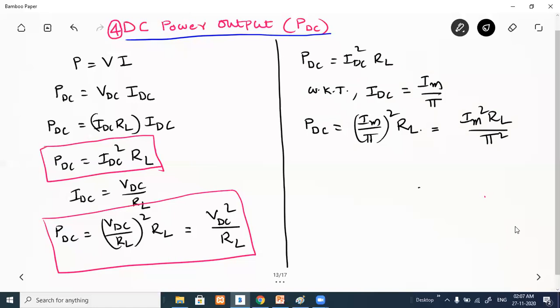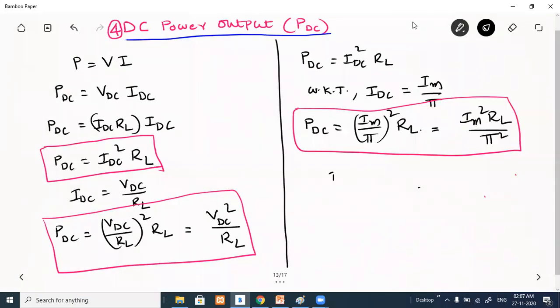So we can express this PDC in terms of Vm also. We know that Im equal to Vm by Rs plus Rf plus RL.